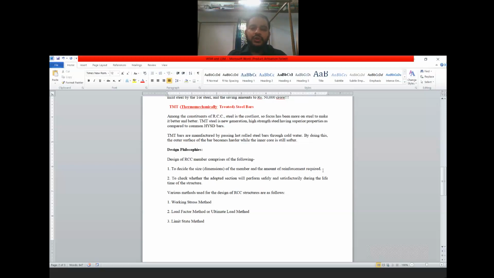So before going for the construction, you first design everything, meaning the dimensions, and then how much reinforcement will be required in those particular members. These things you first have to design, then only can we go for the construction. And the second important reason is to check whether the adopted section will perform safely and satisfactorily during the lifetime of the structure.